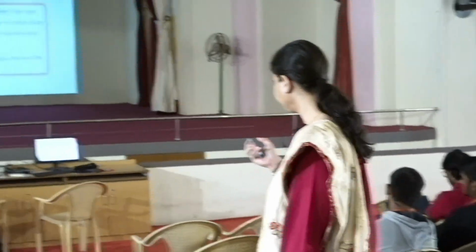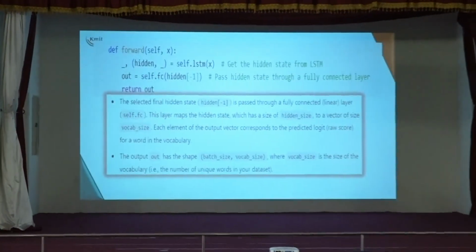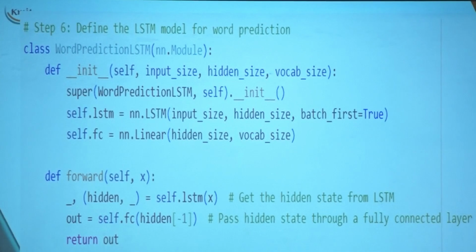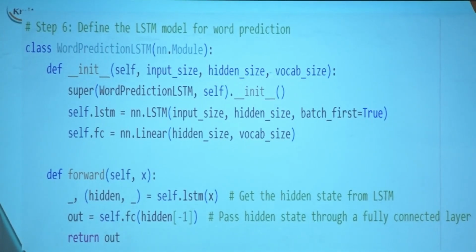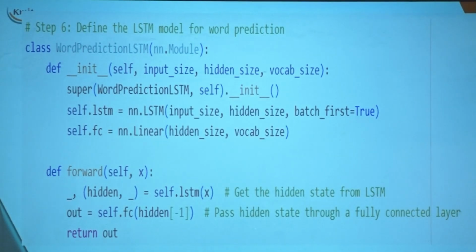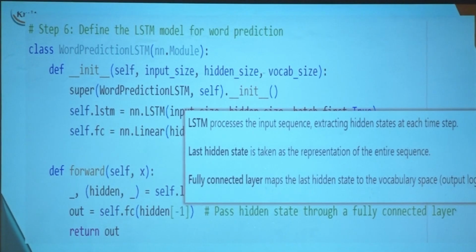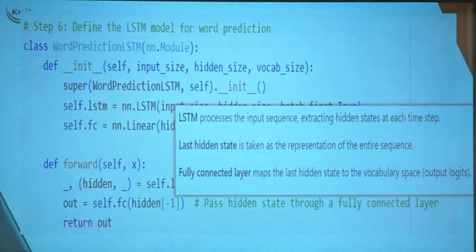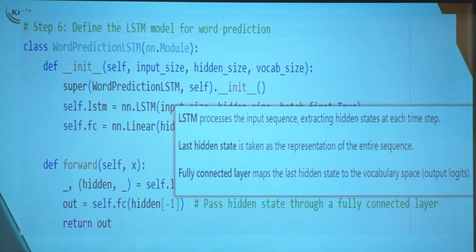Now what are we doing? We will now define our LSTM model for word prediction. The LSTM processes the input sequence, extracting hidden states at each time step.